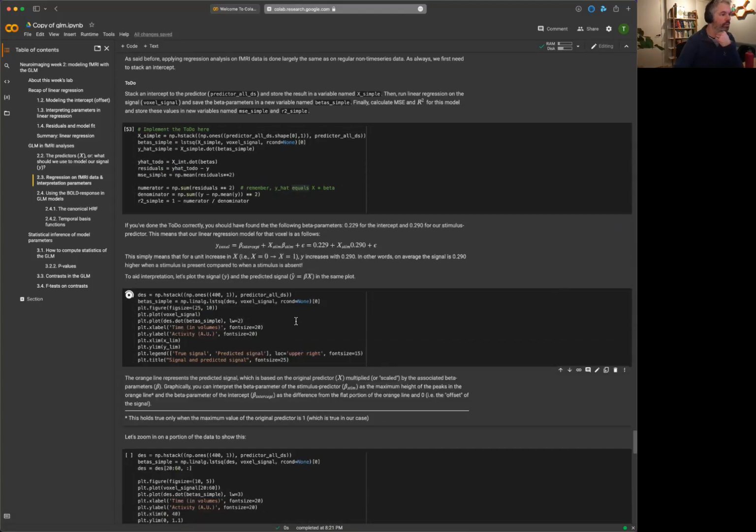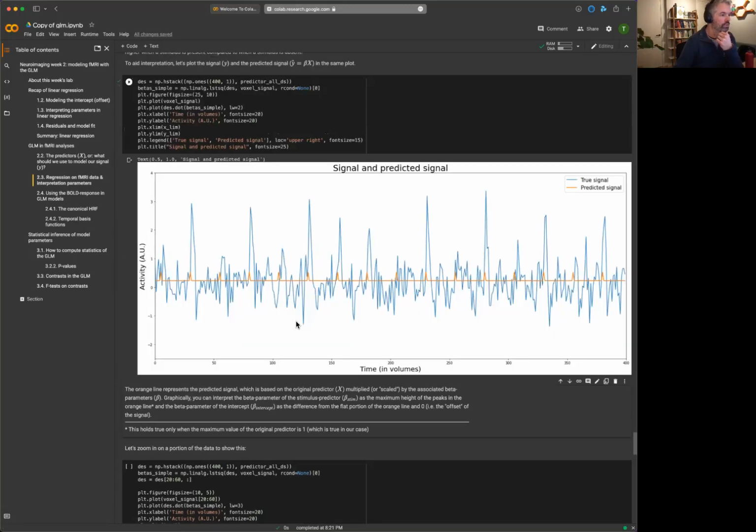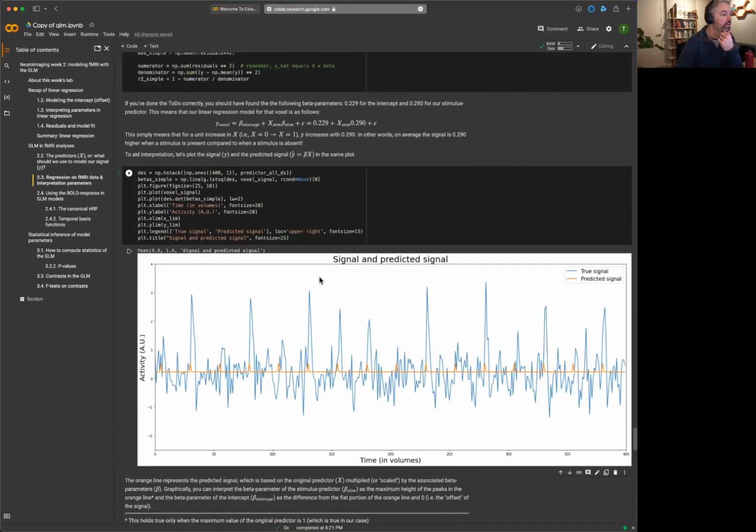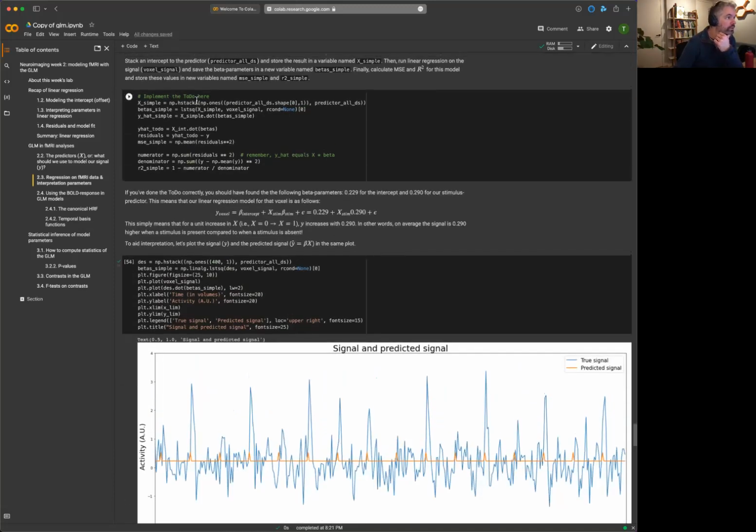Let's see what happened really, right? Oh, now I do have all of the points here. So we have our true signal and our predicted signal, and you see that we are getting some beta for both the intercept and for our predictor. So what I've done here is I've created an intercept, and there was this predictor, and I'm regressing those with least squares, then dotting them to get a y hat.